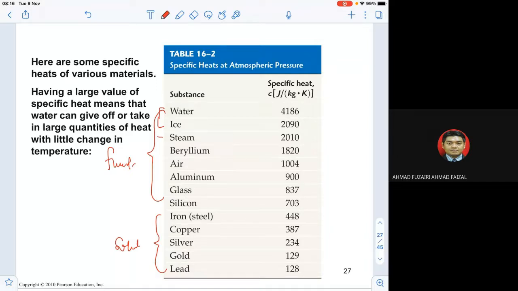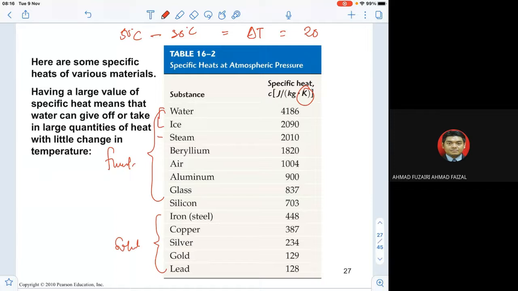With some fluids and also solids. Look at the specific heat. The unit for specific heat is joule per kg Kelvin. That means whenever you do the calculations, if, let's say, you are given 50 degrees Celsius to 30 degrees Celsius, you just subtract and you will get delta theta equal to 20.